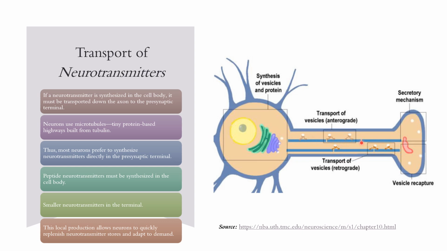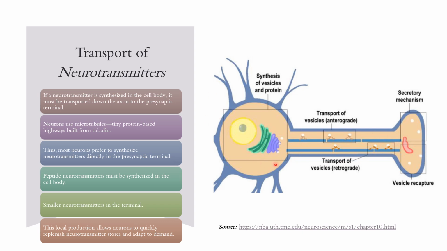In order to transport the neurotransmitter to the terminal, neurons use microtubules. Those are tiny proteins, like highways built from tubulin, and they help transport the vesicles to the terminal. Of course, it takes time.